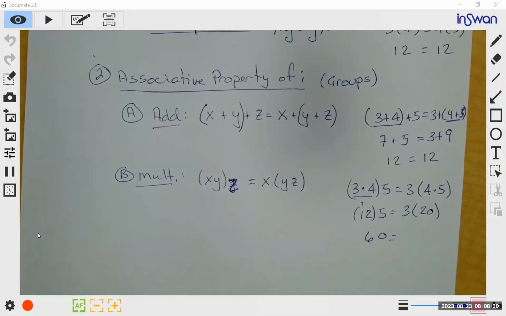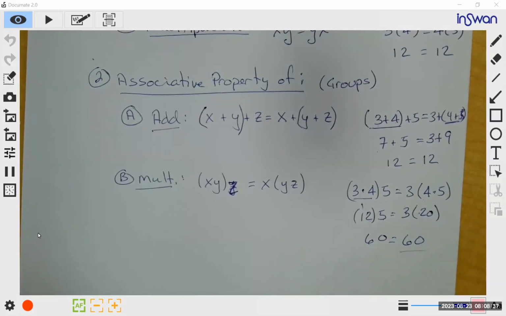The more things you have to do, the more writing you do, the more chance you'll have of mistakes. On this side, all you have to do is 3 times 2 is 6, and it ends in a 0, so you have 60. So by far, the right-hand side. So this is the beauty of the associative property. If I gave you three numbers or multiple numbers to multiply together, you can pick whichever ones you want and multiply those first. And then whatever you have left is the easiest process.